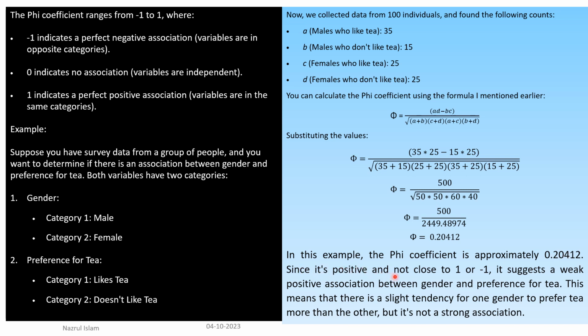Since it is positive and not close to plus 1 or minus 1, it suggests a weak positive association between gender and preference for tea. This means that there is a slight tendency for one gender to prefer tea more than the other, but it is not a strong association.